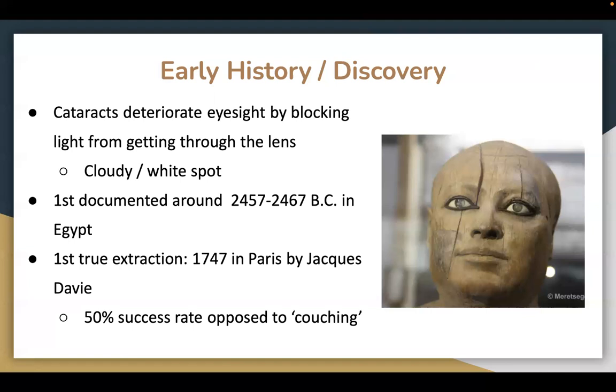The goal is to dislocate the lens and dislodge it from the eye so that you can pull it out with a needle. Due to the violent nature of this procedure, it's traumatic on the eye and often results in blindness or vision impairment. So the new form of extraction in 1747 really changed the medical field for the better.